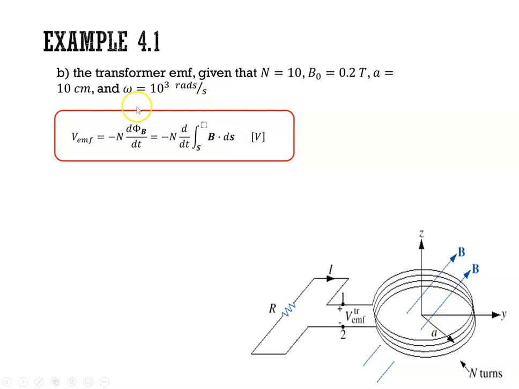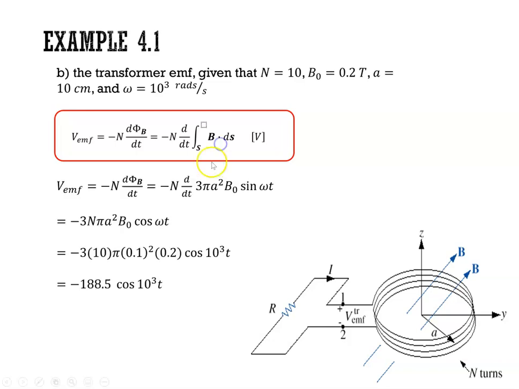So this is in the previous slide, I have already highlighted it. We have already found out what the magnetic flux is from question A, so just plug in those values. Here you have minus N d/dt, and this value we have already calculated, which is equal to 3πa²B0 sin ωt.